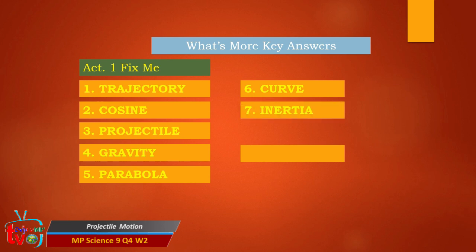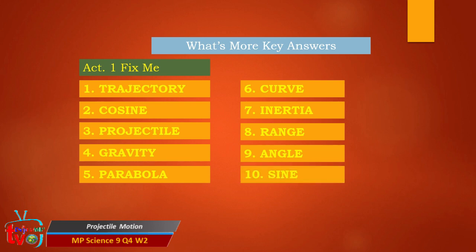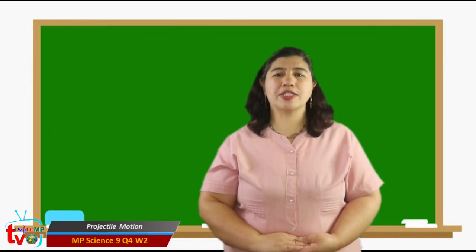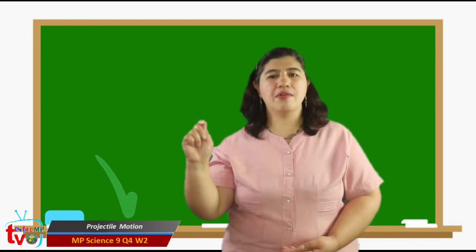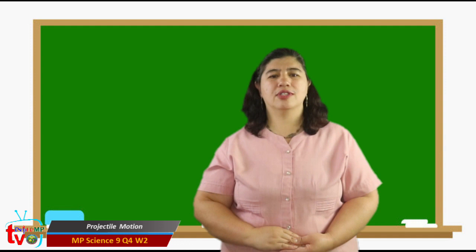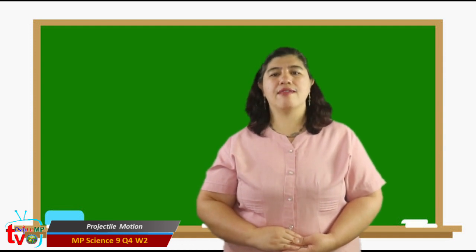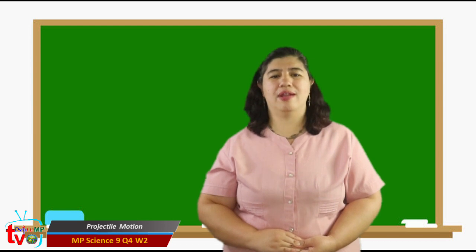Number 7, inertia. Number 8, range. Number 9, angle. And number 10, sine. Were you able to get the words correctly? Right! You are now ready for assessment 1. Complete me and the succeeding activities under What's More.